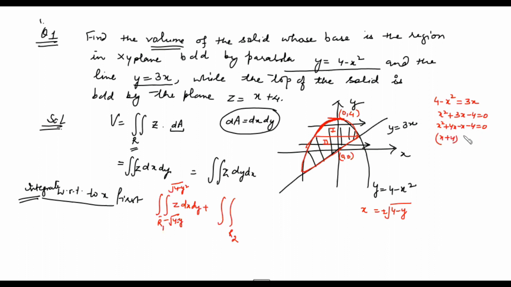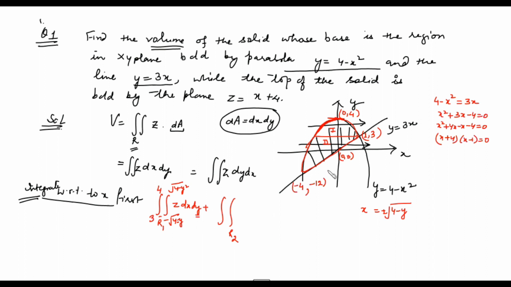So x plus 4 and x minus 1. So the points are minus 4 comma minus 12, and here it is 1 comma 3. So these are the coordinates. Now just see, over region 1 the minimum value of y is 3 and the max value of y is 4. So the limits for y will be 3 to 4 in region 1 with respect to y.